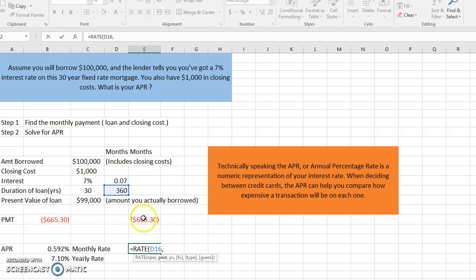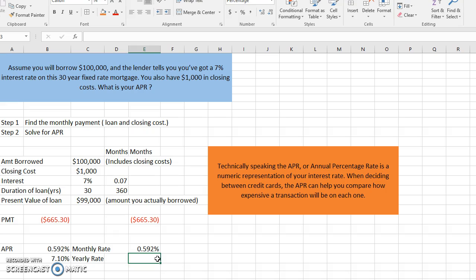Our payment we know is 665 and some change, comma. Now, how much did we actually borrow? How much did we borrow? It is 99,000. Close the parenthesis, hit enter, and you see that the monthly rate is 5.92%.